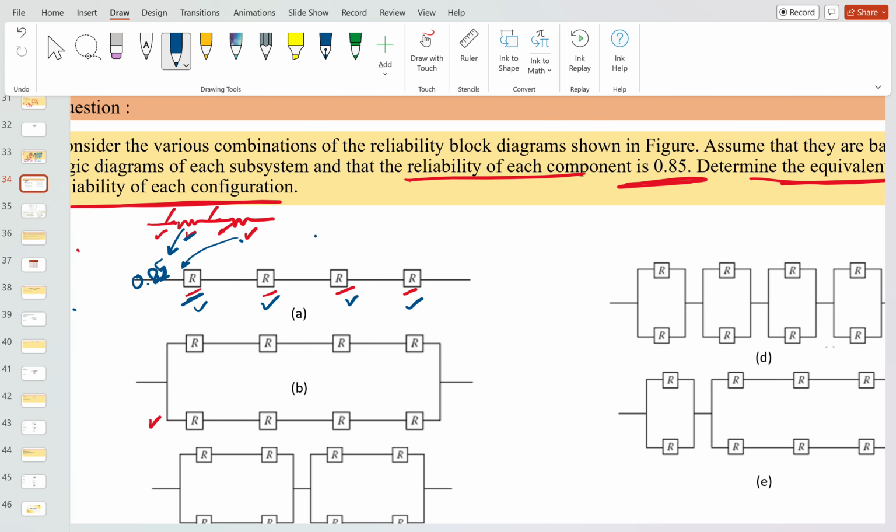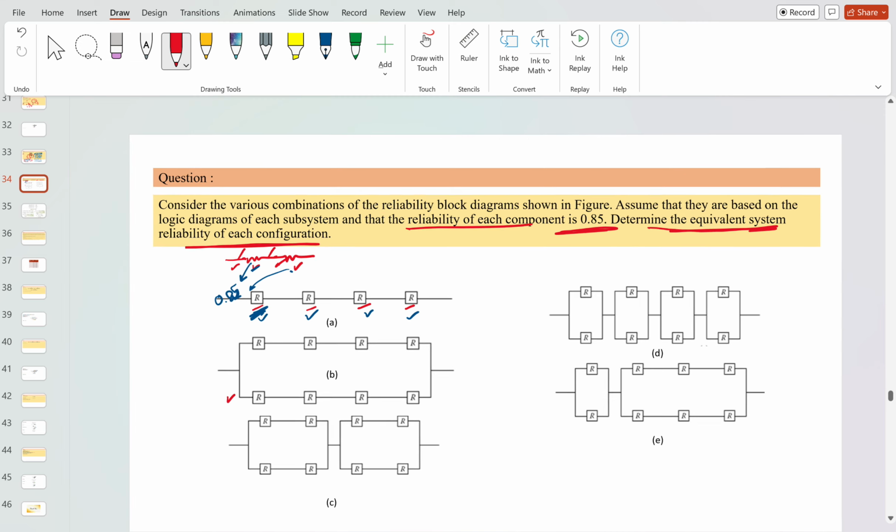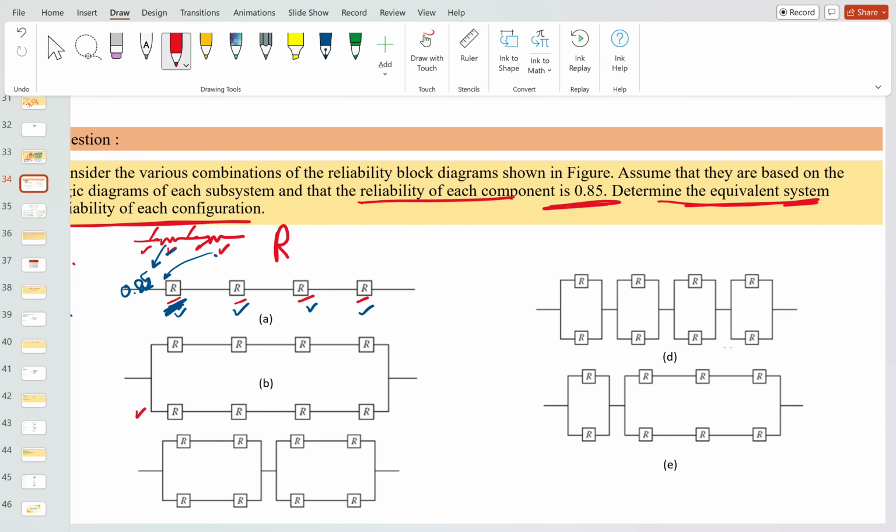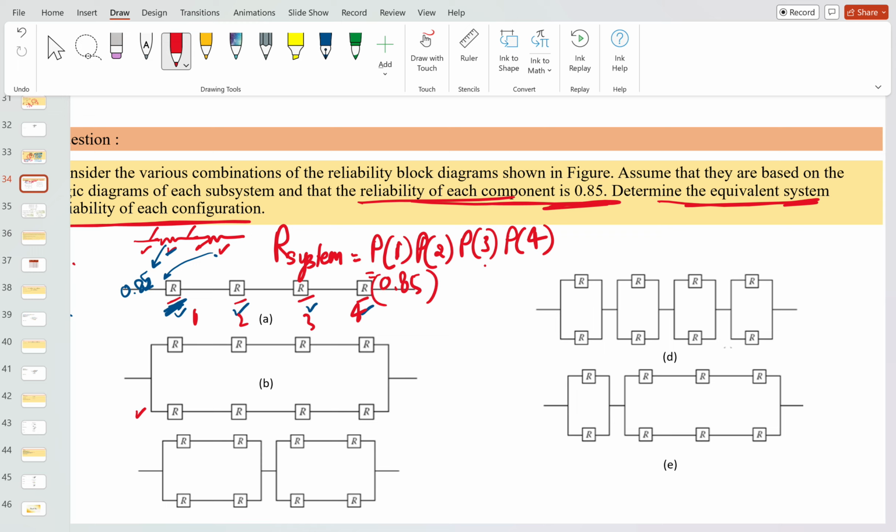So the reliability of a system is basically the probability of operation of the first, the second, the third, and the fourth components, suppose 1, 2, 3, 4. Their component reliability is already given as 0.85, so you multiply 0.85 four times, and it comes out to 0.85 to the power 4.